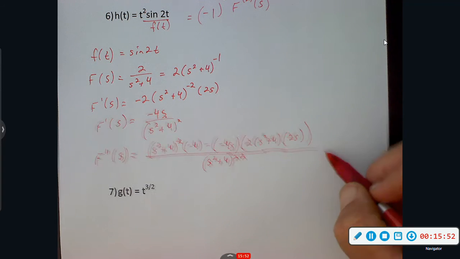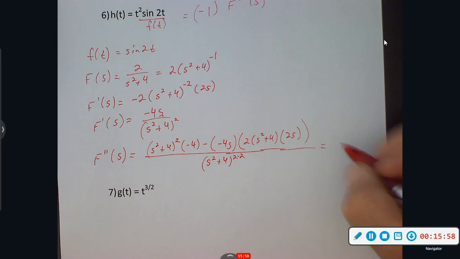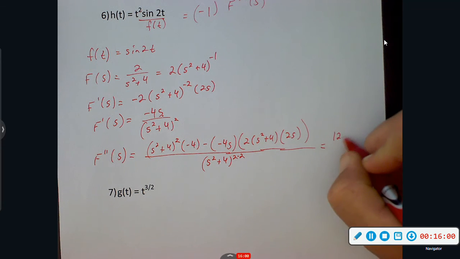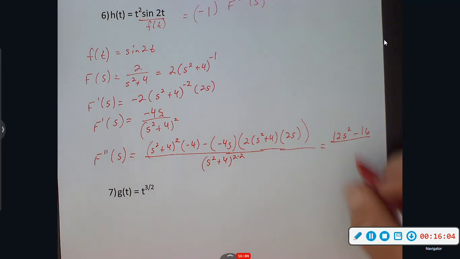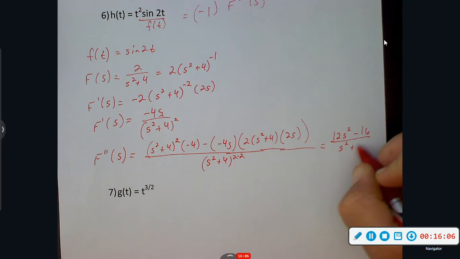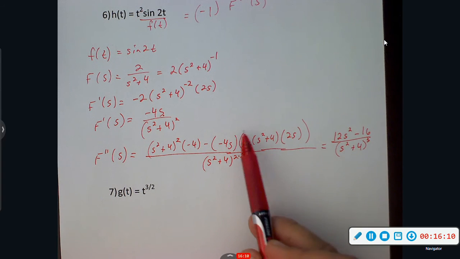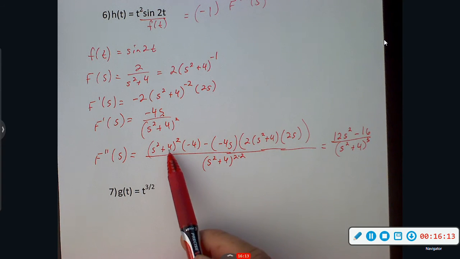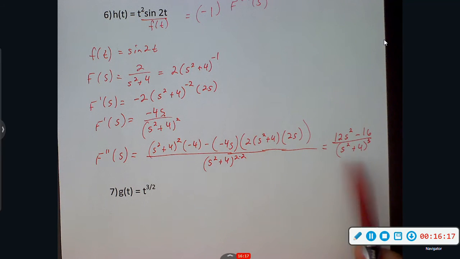All right, so cleaning this up, you can check yourself and do the math, but I'm just going to write the cleaned up version. It's 12s squared minus 16 all over s squared plus 4 cubed. Basically, a rundown of what I did. Simplified everything. I took an s squared plus 4 out of both of these terms, which cancel the bottom with 4, making it 3.